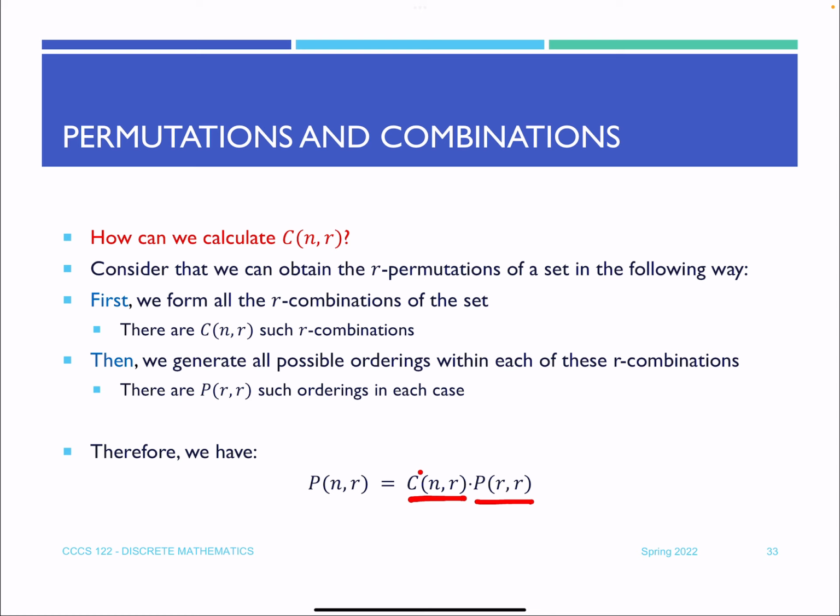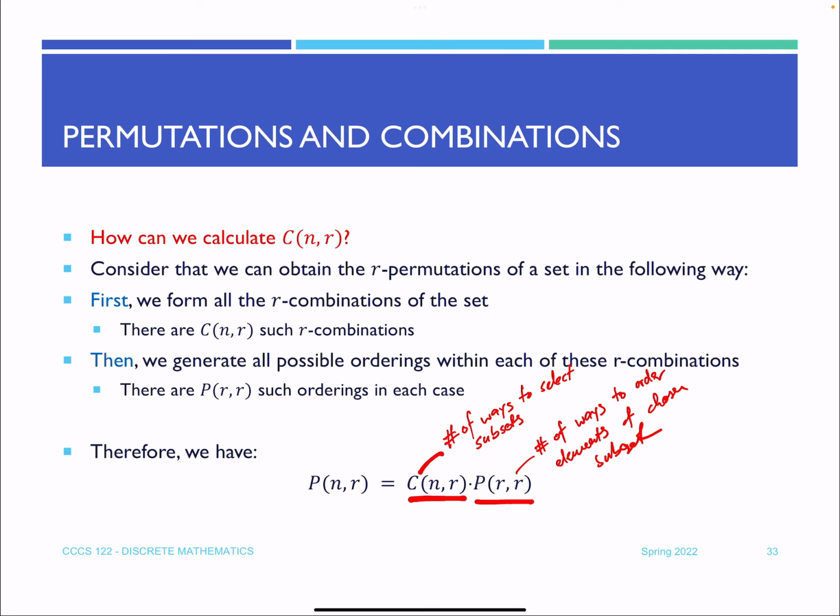So the first term is the number of ways to select subsets, and then we multiply that by the number of ways to order the elements of the chosen subset.